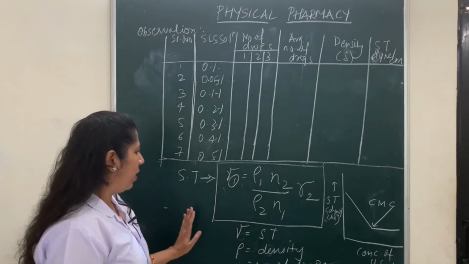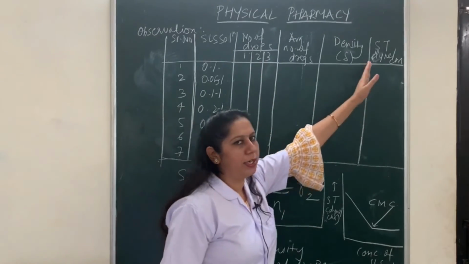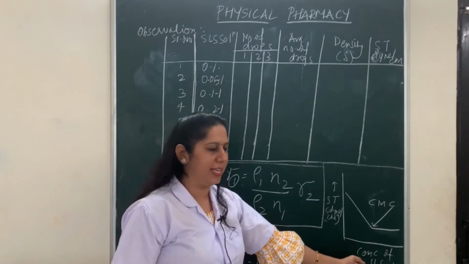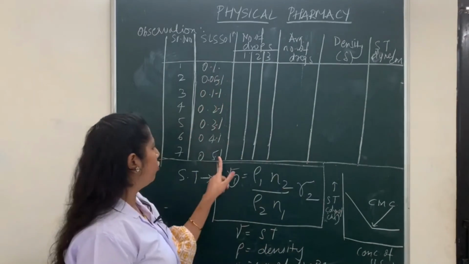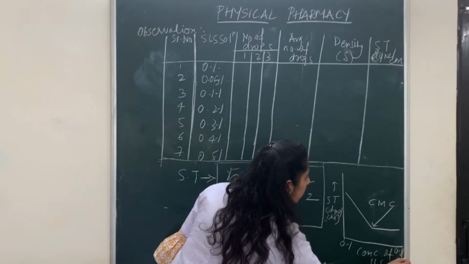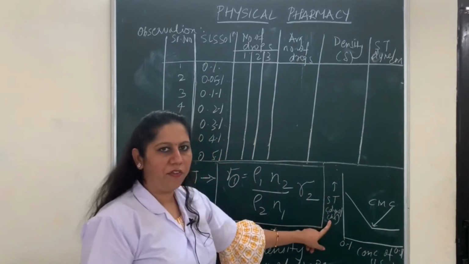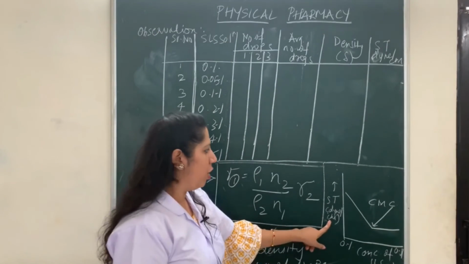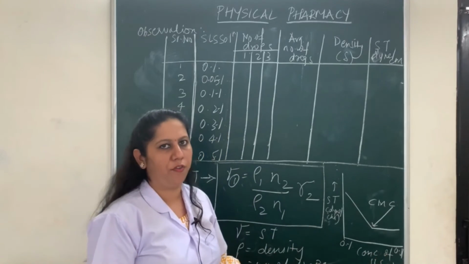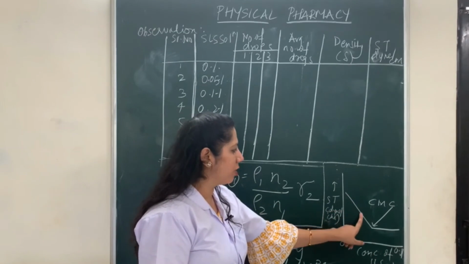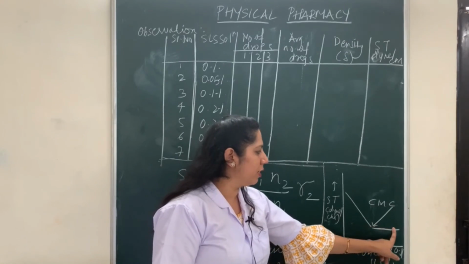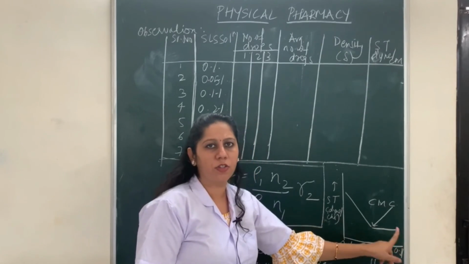Okay? So, once you get the surface tension of the different solutions, you have to plot the graph of the concentration of SLS, starting from 0 to 0.5%, versus the surface tension on the y-axis. You will observe that initially when you increase the concentration of SLS, the surface tension decreases, but above some point there will be no further decrease in the surface tension, it becomes constant.